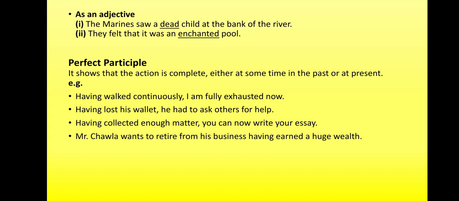Having walked continuously, I am fully exhausted now. So, one point is that the action actually finished either at the moment or in the past. As he walked previously, the action which happened a little bit earlier, the result comes now.